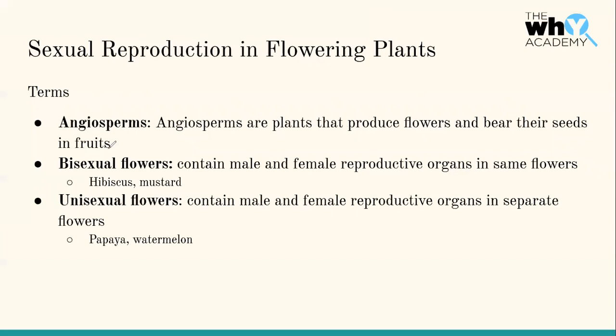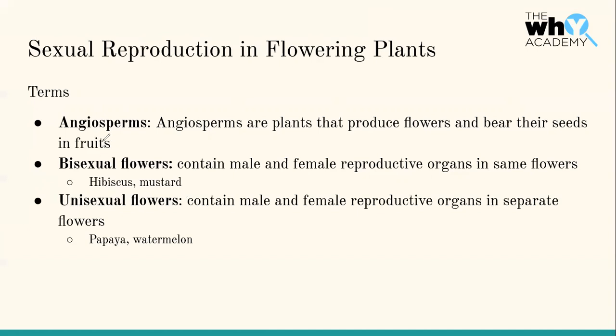First, what are angiosperms? Angiosperms is the scientific term for flowering plants. So not all plants produce flowers. Some of them don't produce flowers, and they mainly resort to other methods to continue their species, or to reproduce.